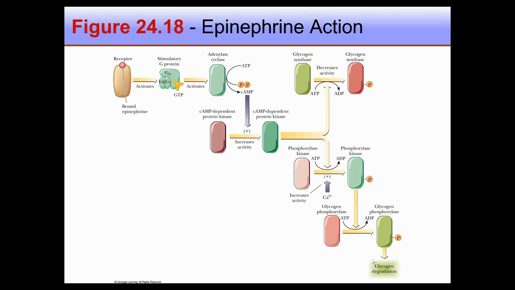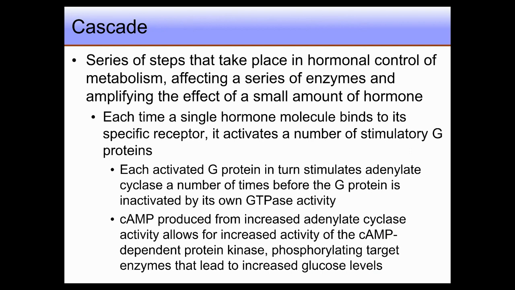It stops the synthesis of glycogen from glucose, and then it creates another series of phosphorylation events that ultimately break down glycogen into glucose. So the point is to release glucose. So this is the same signal transduction pathway we studied before. It's just a different look of a slide.